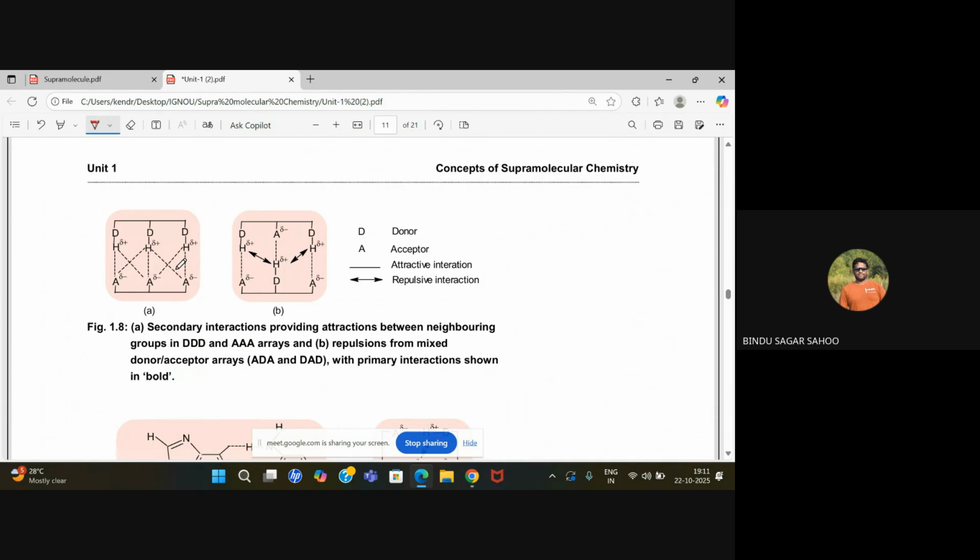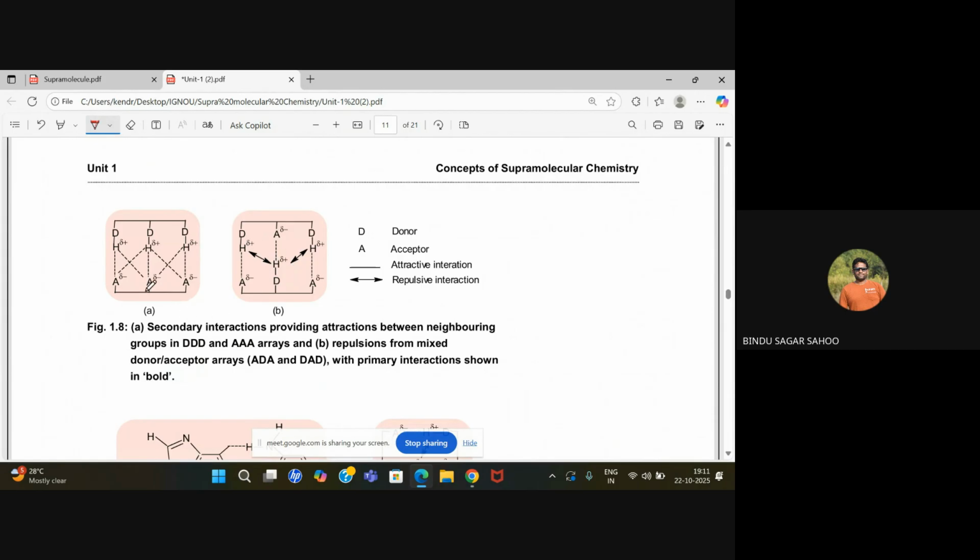So these types of dotted interactions between different poles will create attractive interactions. If similar atoms are present in this direction, they will create repulsive interactions.